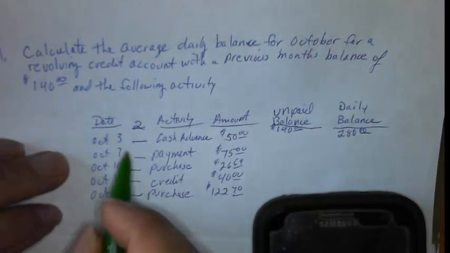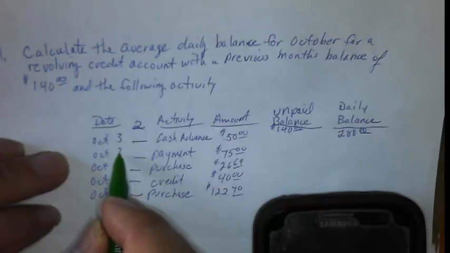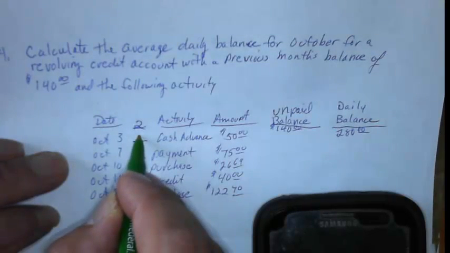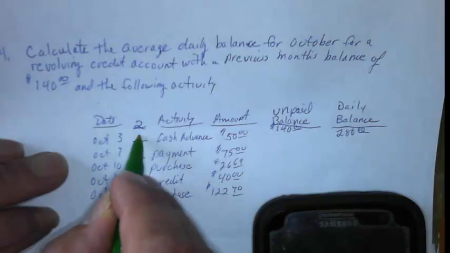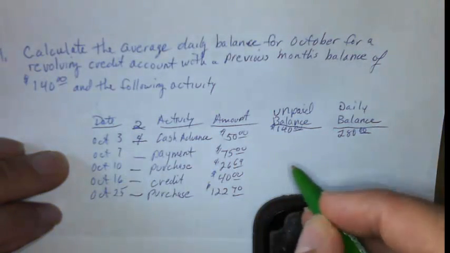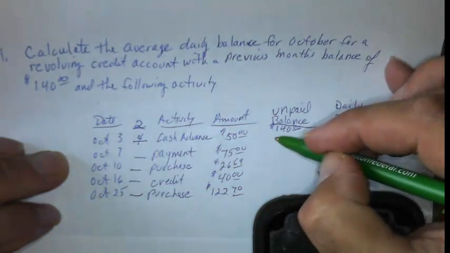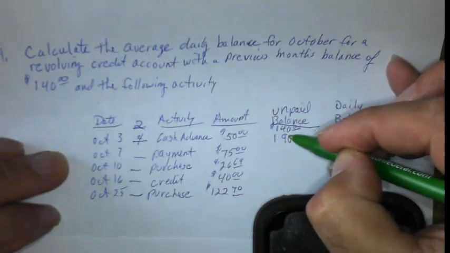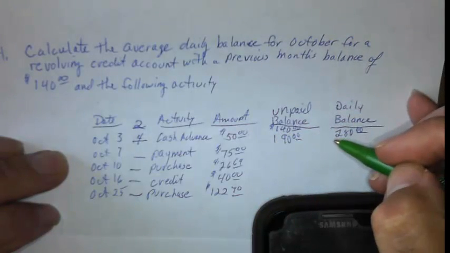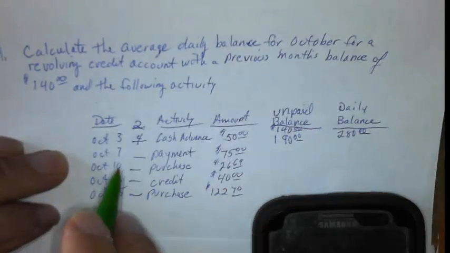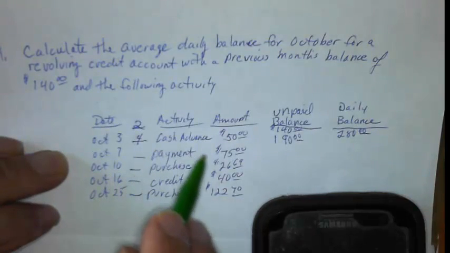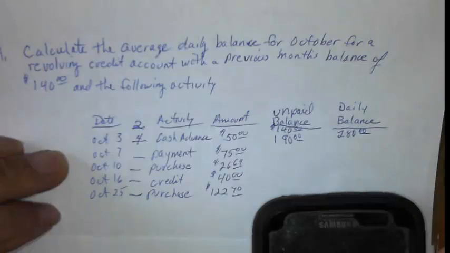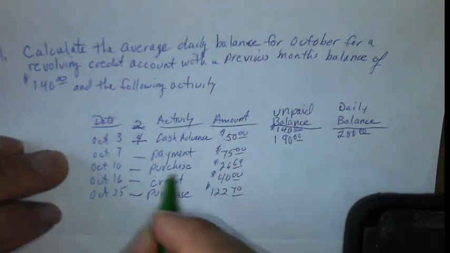Okay? Well, between October 3 and October 7, we're going to have 4 days then for that cash advance. So we're going to add that to our daily unpaid balance because we got that advance. Let's just go do the unpaid balance first. I think that'll speed us up there.